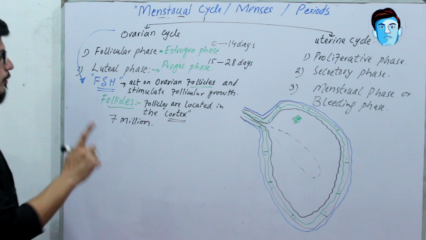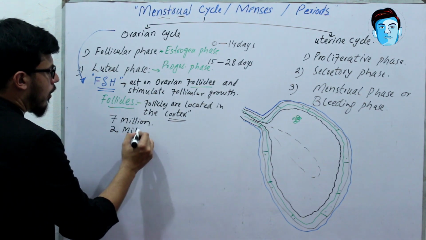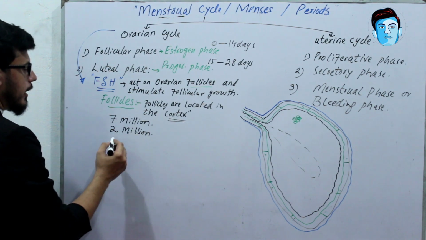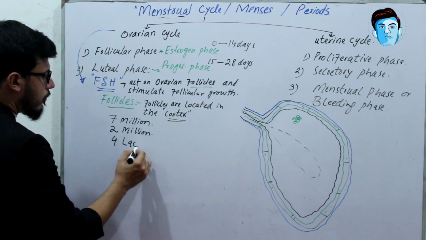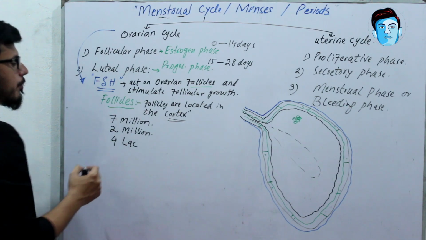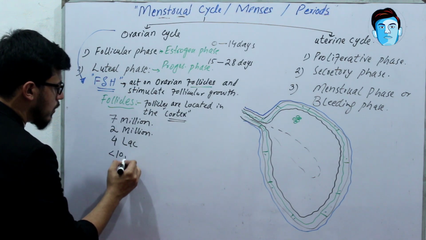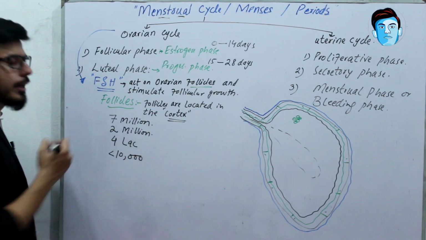But at the time of birth, the number of primordial follicles becomes 2 million. At the stage of puberty, it becomes 4 lakh, and at the stage of menopause, the number of primordial follicles decreases further to 10,000, even less than 10,000.